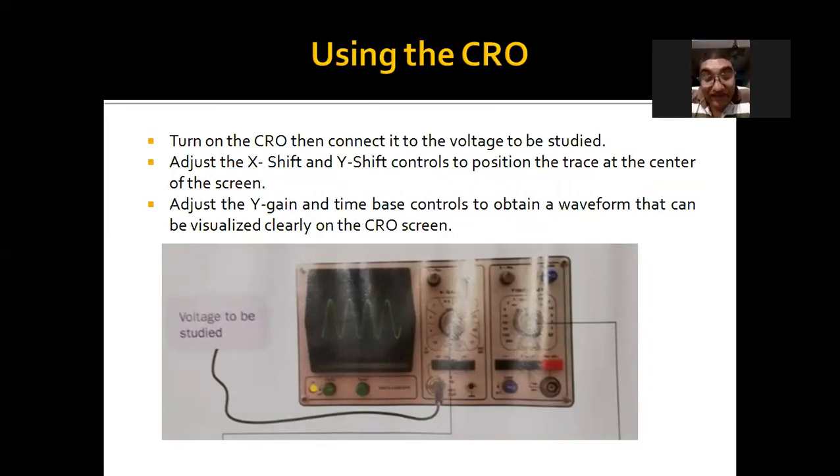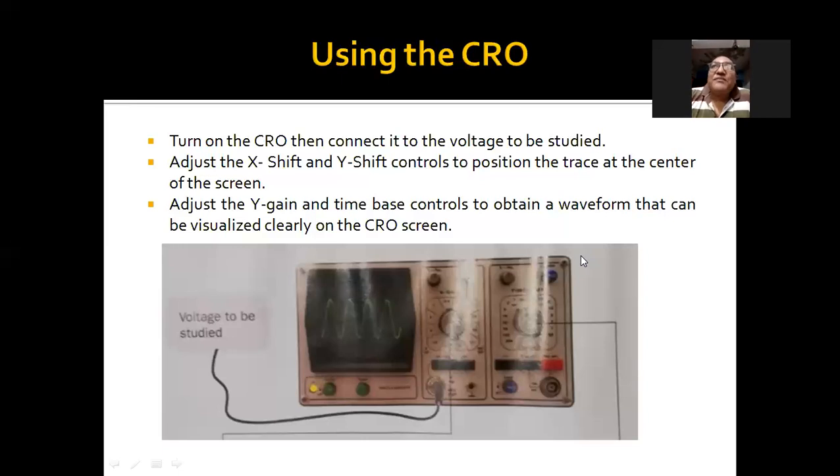If you have connected nothing to the CRO and you see that the dot is not in the center, then we have two knobs on the CRO, which are called X shift and Y shift controls.